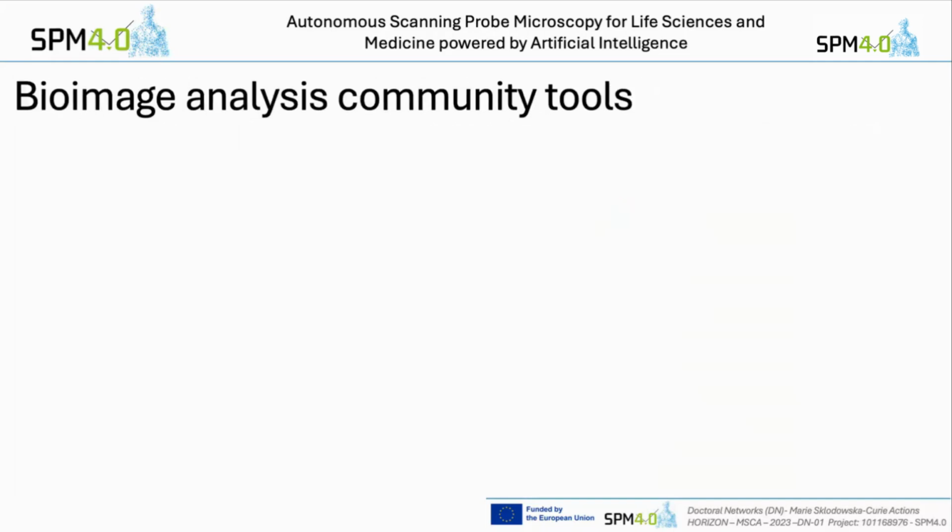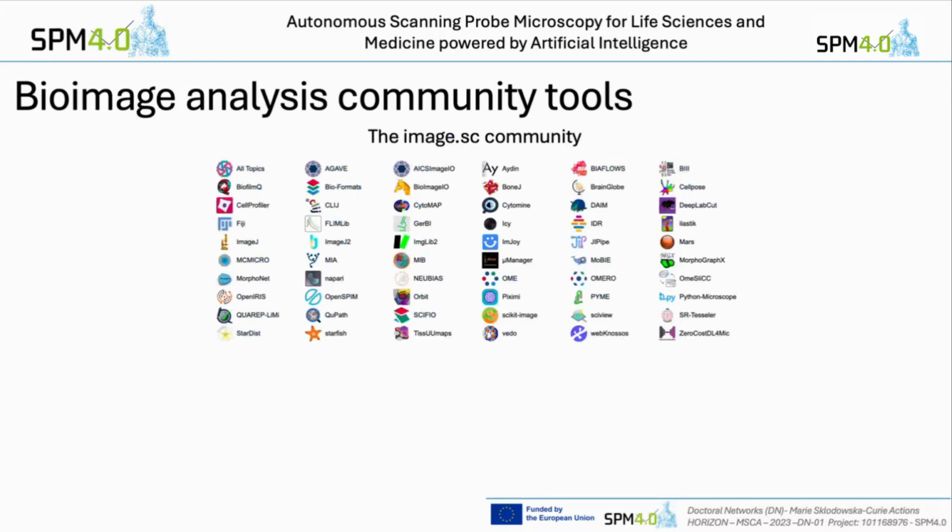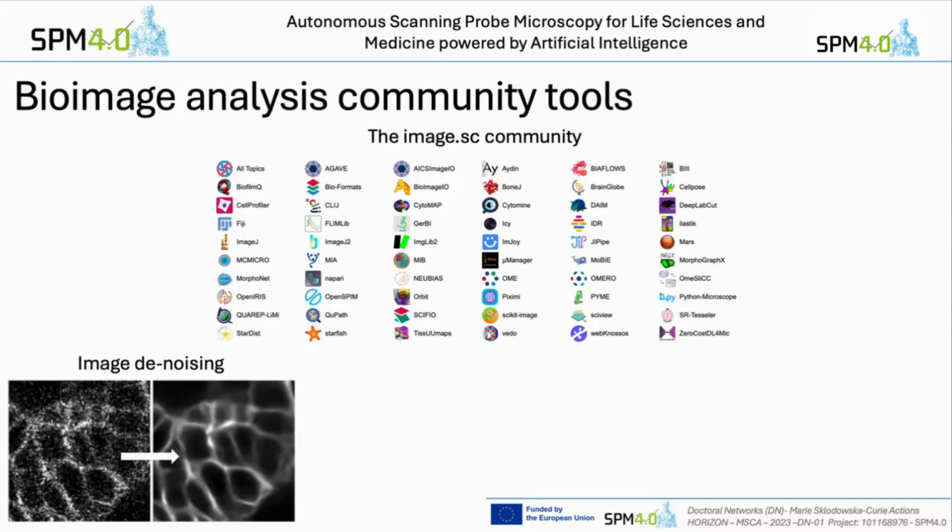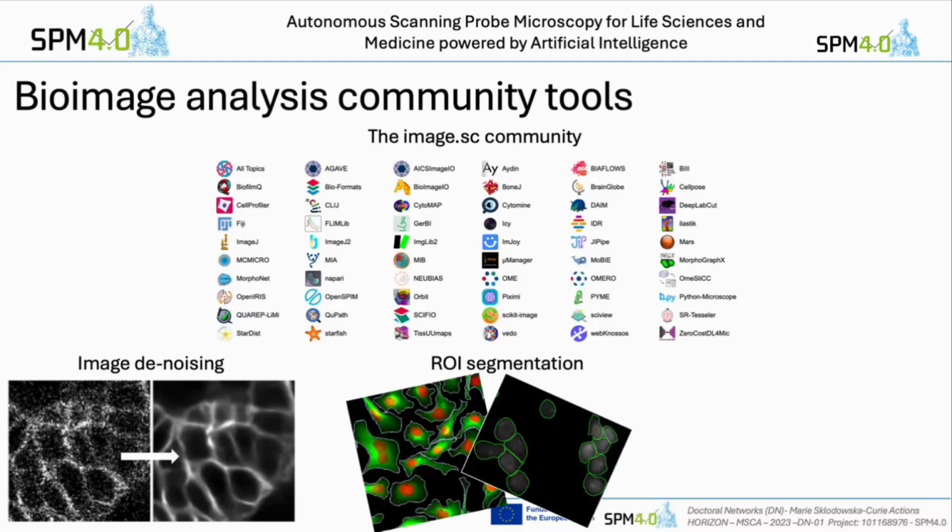There are lots of tools in the bioimage analysis community for image analysis. I don't know if many of you have heard of it, but there's an image analysis community called Image.sc, and they have a whole range of tools within this community. You can see ImageJ is on there, Fiji is on there, CellProfiler is on there. It's very optical image based right now, but they can do lots of things such as denoising images and segmentation of certain areas of your image.